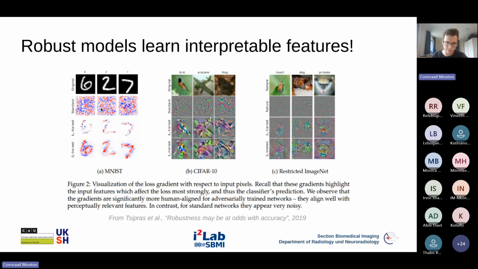They're not very interpretable. However, if you adversarially train this model such that it no longer relies on non-robust features, these gradients are actually a lot more interpretable. They're a lot more aligned with human ideas of visual perception. So in summary, robust models tend to be more interpretable.